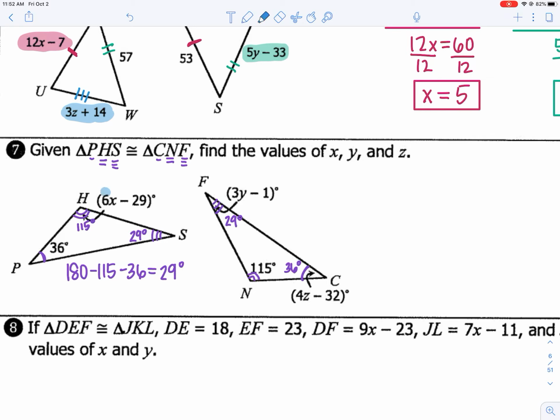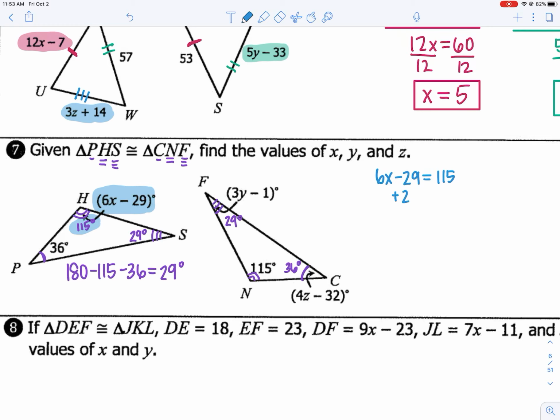So x is right here at angle H, and we know angle H equals 115. So to solve that, I can do 6x minus 29 equals 115.